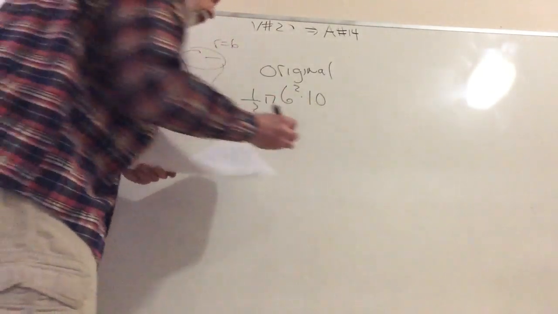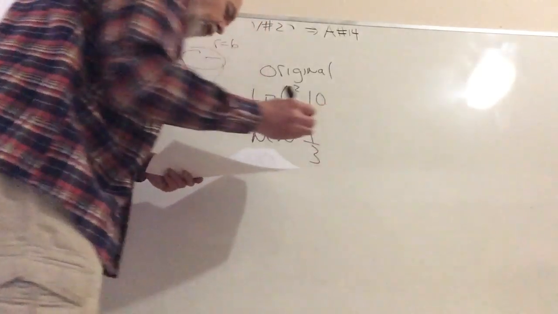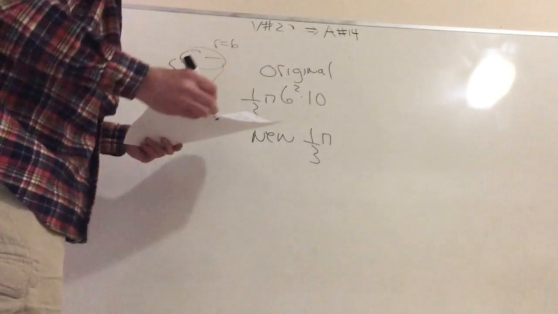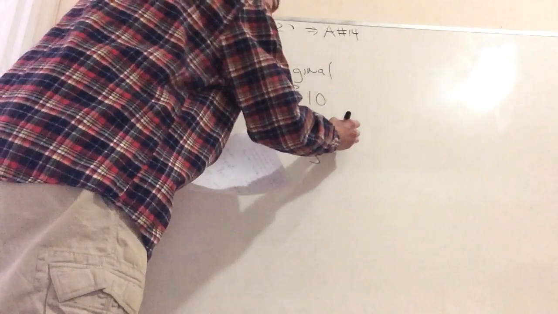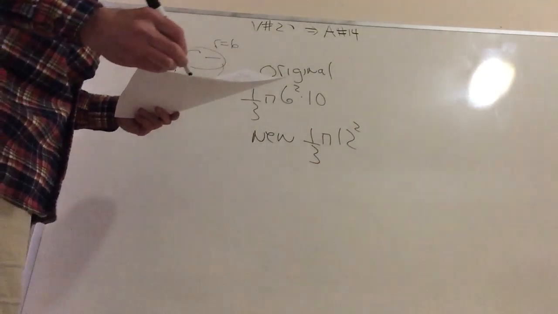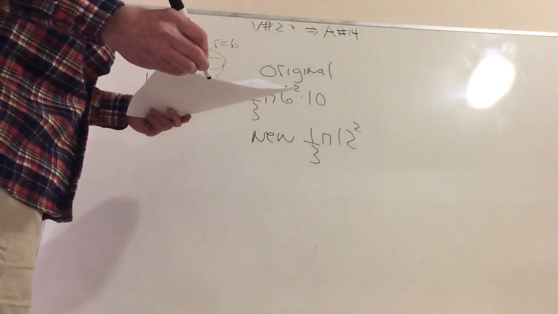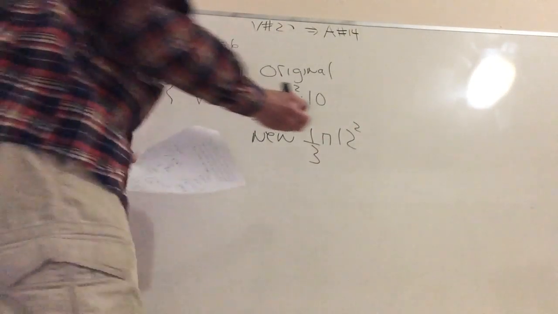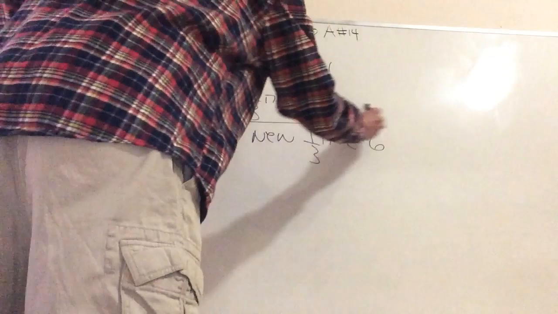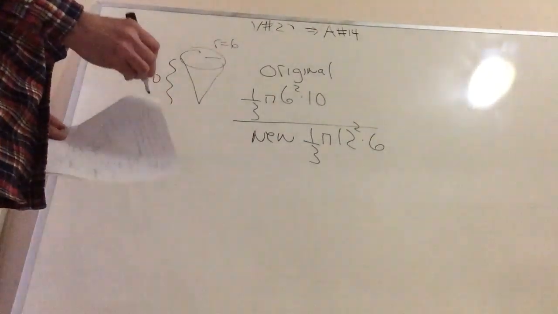And when we do the new, trying to be careful here, we have 1/3 pi, and the radius doubled, so that's 12 squared, and the height went down 4 inches, so 10 minus 4 is 6, and there we have it. We have one guy, the original, divided by the new.